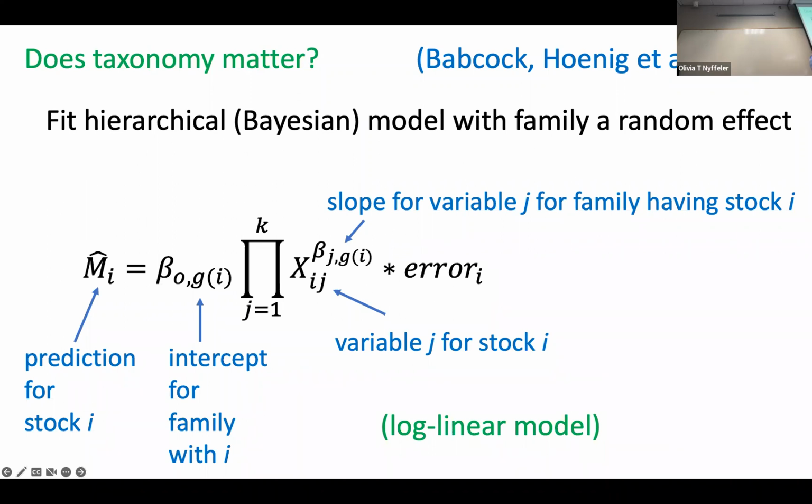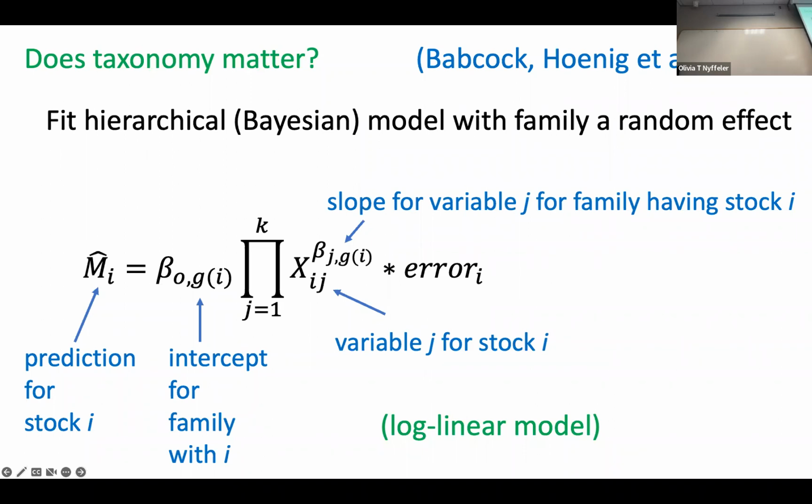So you have your estimate of M for stock i equal to an intercept that depends on the family that stock i is in. G of i says, what family is stock i in? So this coefficient depends on the family, and then a variable, growth, longevity, maximum size, von Bertalanffy K, whatever, for the ith stock in family j, raised to some coefficient that depends on the family, with an error.